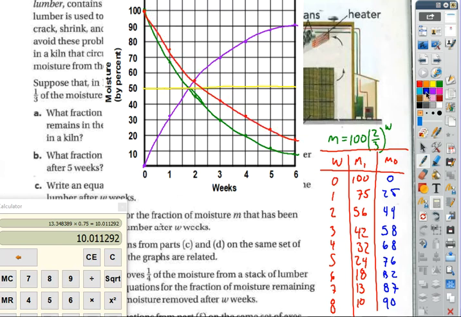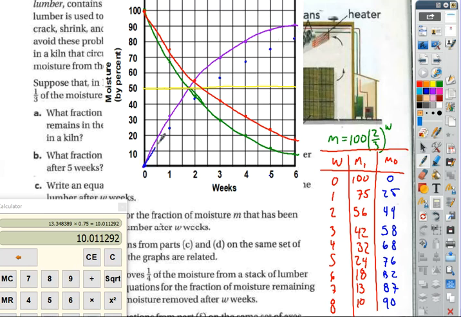And then in the blue, let's connect the dots. In the moisture taken out, we have 0, 0, 1, 25, 2, 44, 3, 58, 4, 68, 5, 76, 6, 82.